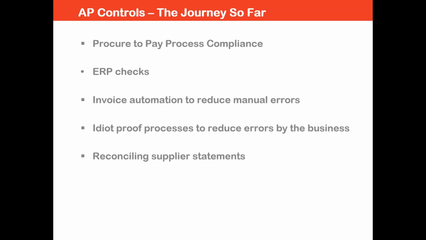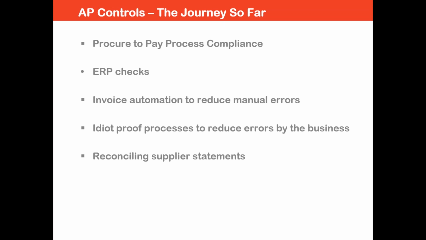I think most customers, big and small, have gone some way along the line of invoice automation, whether that be scanning and OCR, electronic invoicing, portals or even just imaging. Automating the process is trying to reduce the manual touch points, and in theory, that should reduce your error rates.